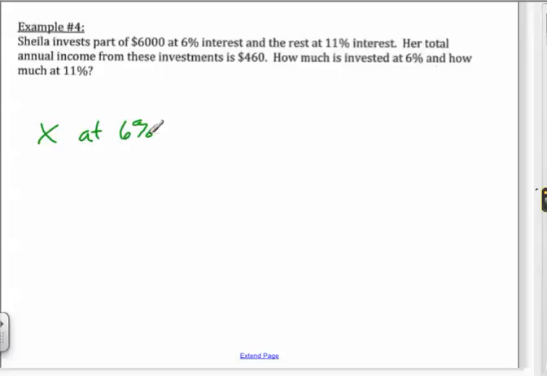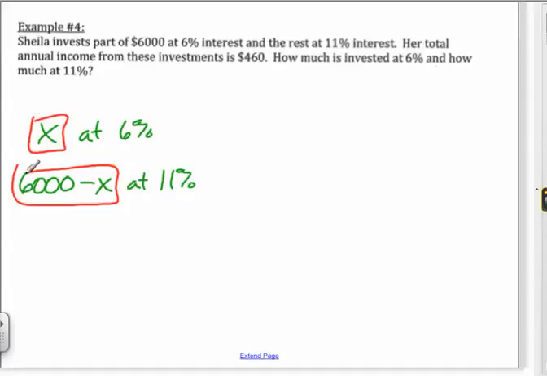Right? X at 6%. How much at 11%, Troy? 6,000 minus X, right? What's left? Take away the X and what's left? At 11%. Does everybody see that's the two amounts? This is what I invested at 6%, and this is what I invested at 11%.